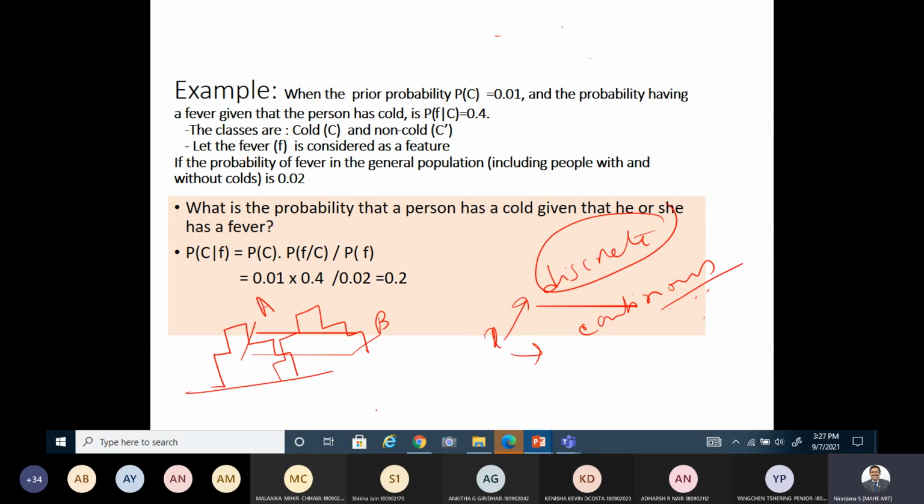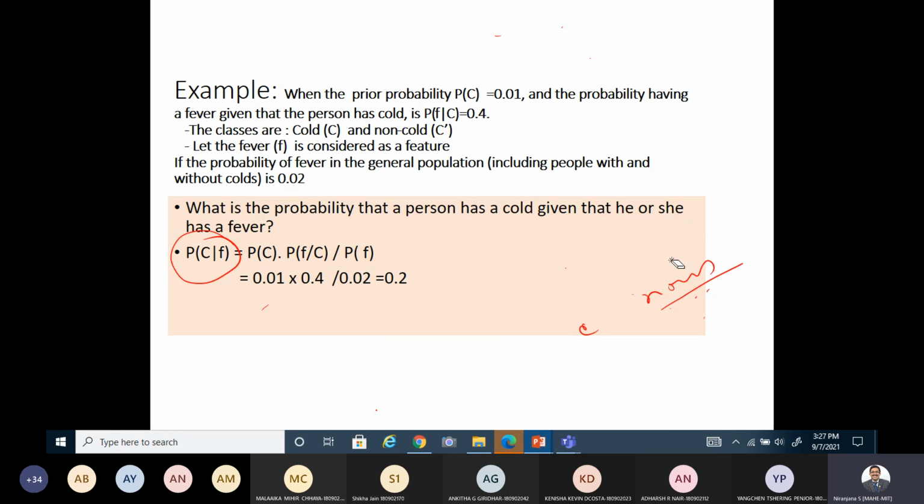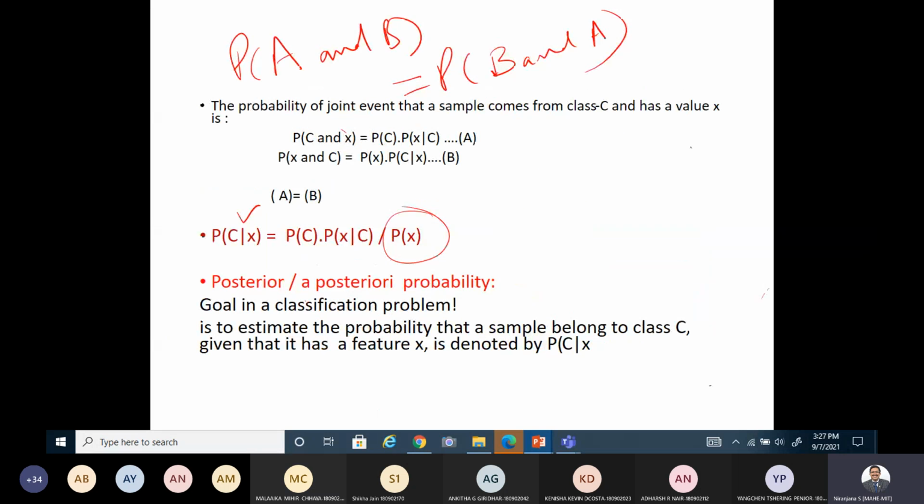So this is the portion which helps you find the posterior probability. What is posterior probability? Any doubt here? We'll take up some example in the next class so that it will be made very much clear. Any doubt with the standard format of this template?